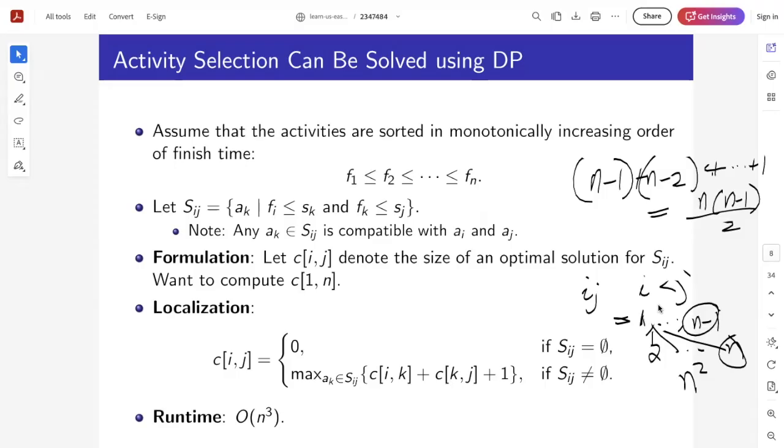And then for this K, if it's not empty, you would have j minus i plus 1 choices, which is less than n. So you are not going to exceed n cubed, which means the running time is at most n cubed. So that's dynamic programming.